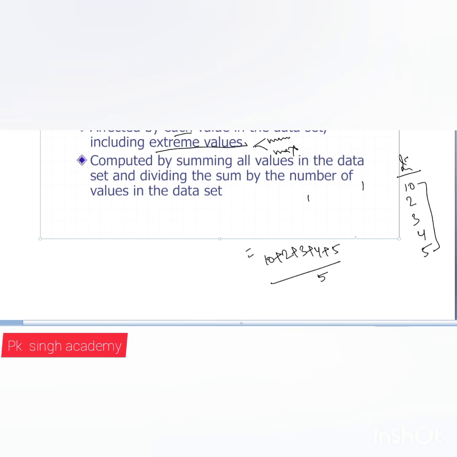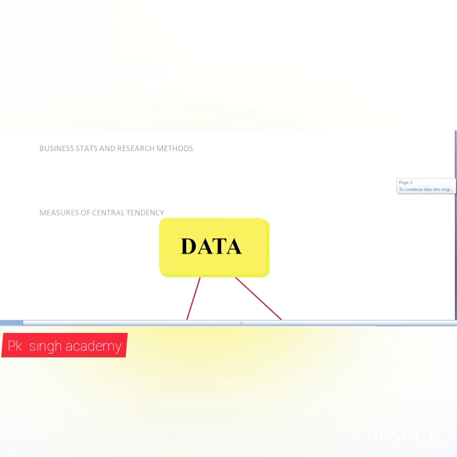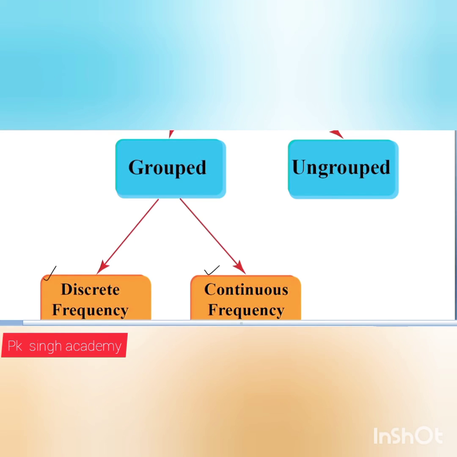Now we'll move to the next topic, that is data. Data is divided into 2 parts, grouped data and ungrouped data. Grouped data is further divided into discrete series and continuous series.